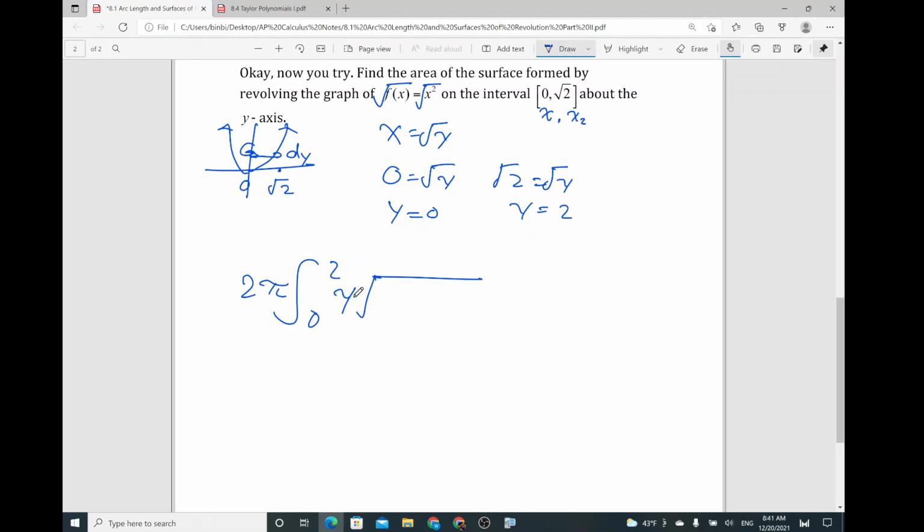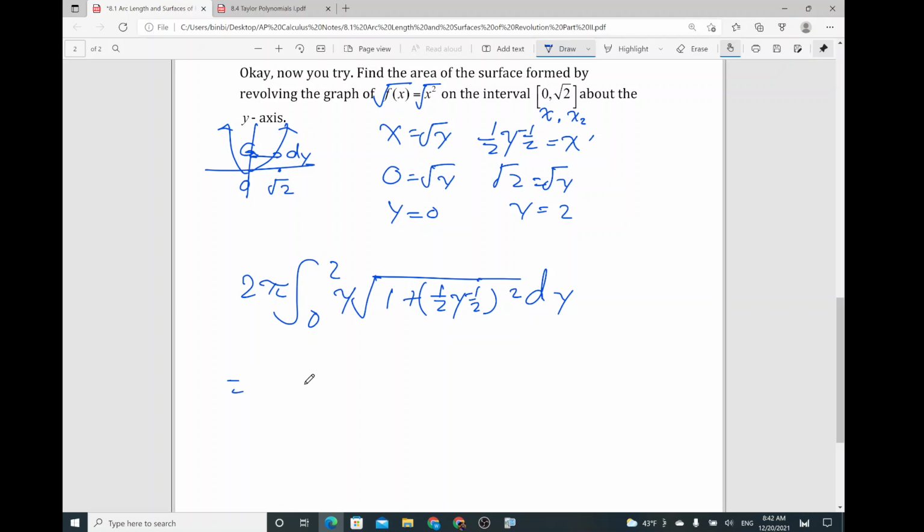And then square root of 1 plus f prime of y. So for f prime of y, take the derivative, so we got 1/2 y to the power of negative 1/2 for that x prime. Okay, so 1/2 y to the power of negative 1/2 quantity squared, dy.